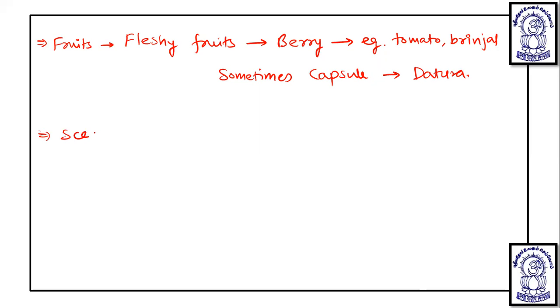Then the seeds present within the fruit can be many and endospermic. That means if there is endosperm present within the seed after complete development of the embryo, then it is known as an endospermic seed. So this is about some of the floral characteristics.